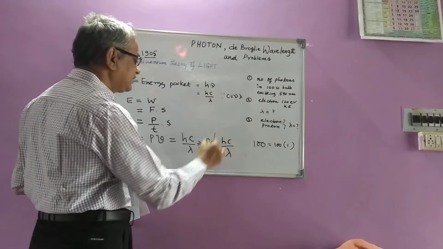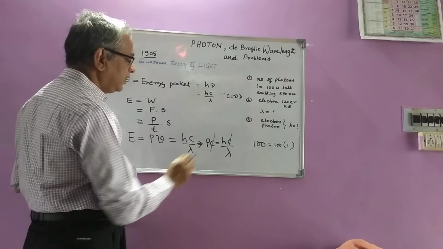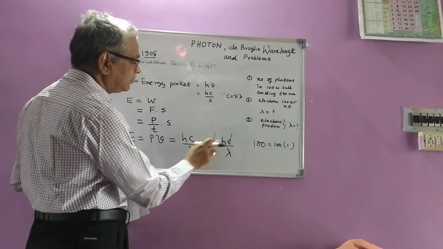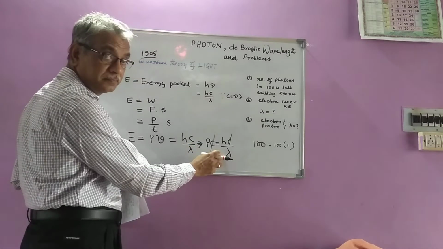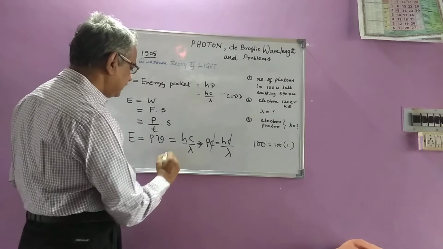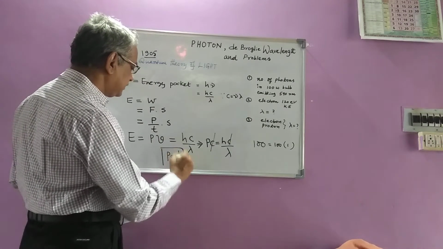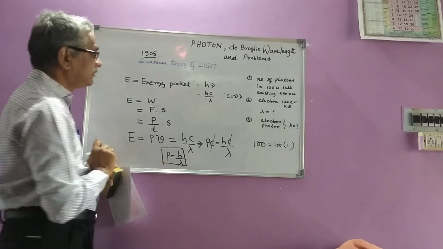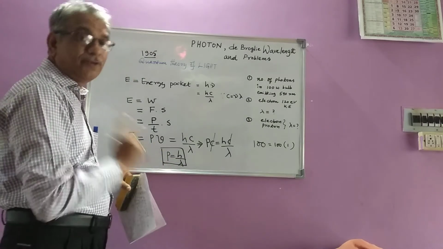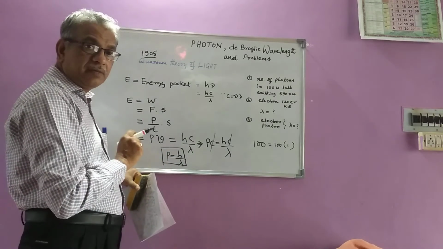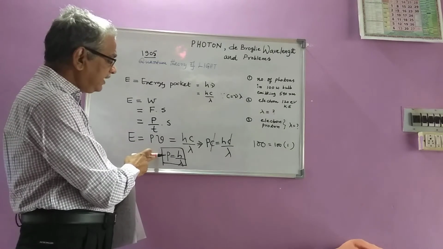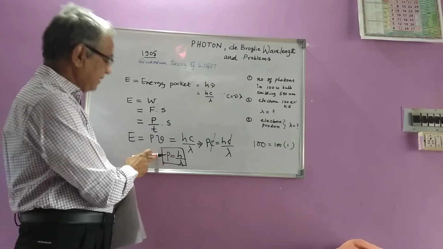And if you cancel c and c, I am left with P is equal to h by lambda. This formula represents momentum of the photon. Momentum of the photon is represented by P is equal to h by lambda.